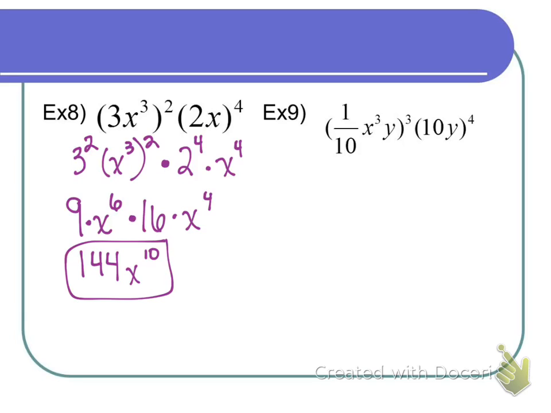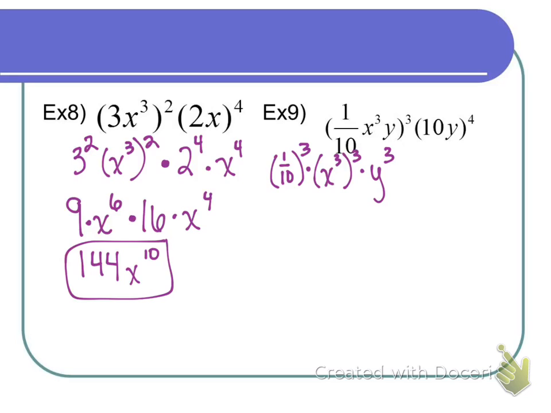All right, on number 9, we are going to set it up the same way. Every term inside the first set of parentheses is getting which exponent? The 3, the cubed. So that means I'm going to have 1/10 to the 3rd power, x cubed to the 3rd power, and y to the 3rd power.